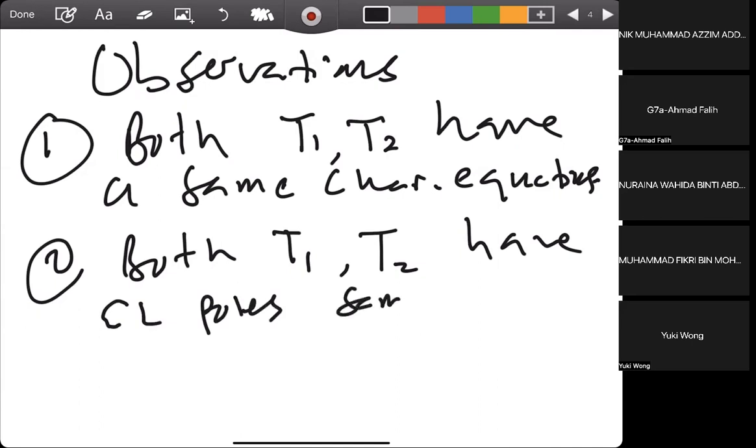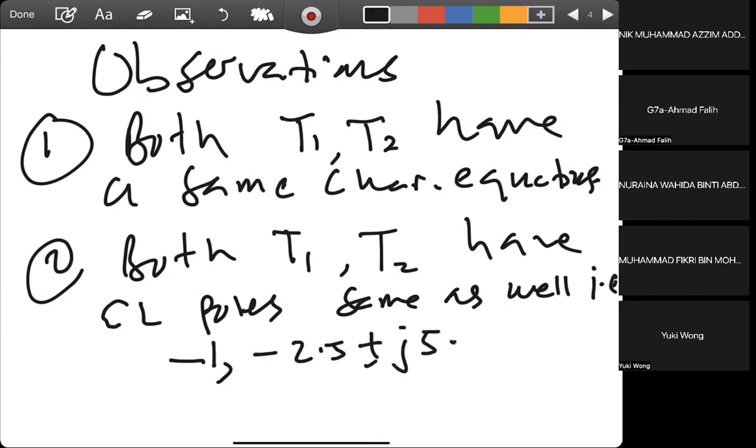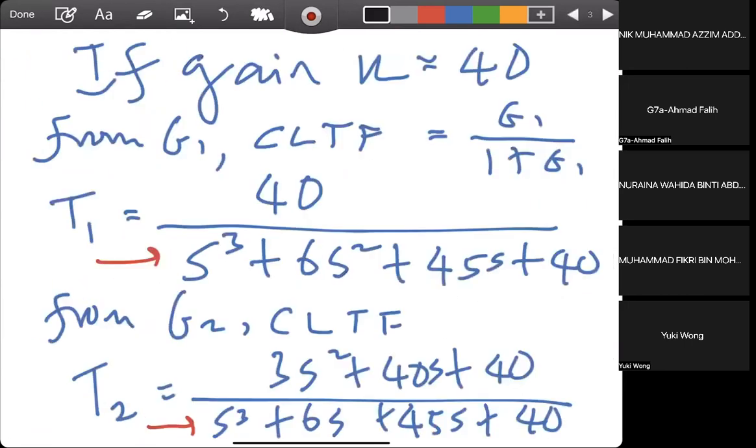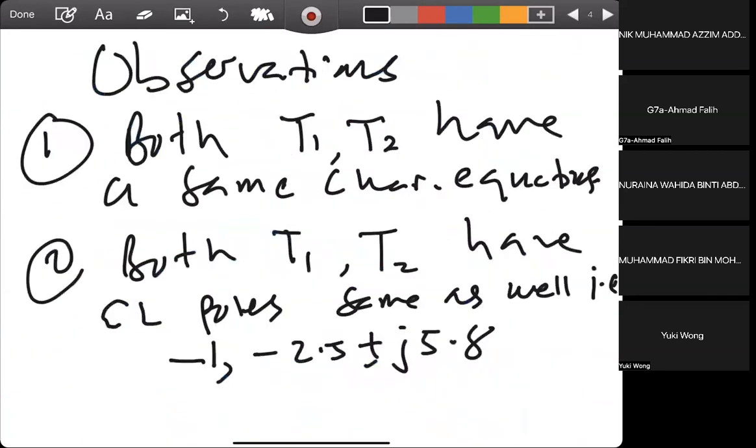Same as well, kan? That is minus 1, minus 2.5 plus minus J 5.8 by taking the roots of this.